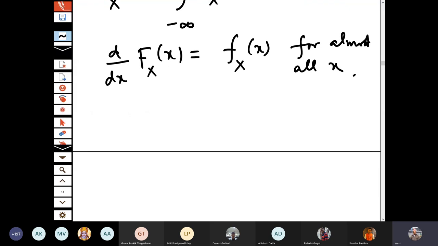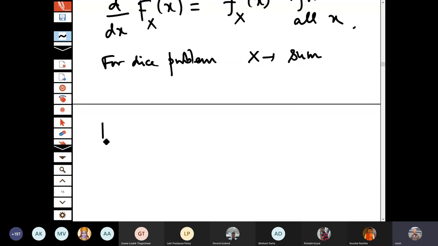So we did, for example, the dice throwing problem, where X was the sum. Let us look at what will be the description of the CDF.